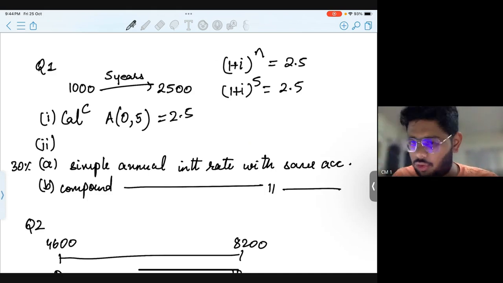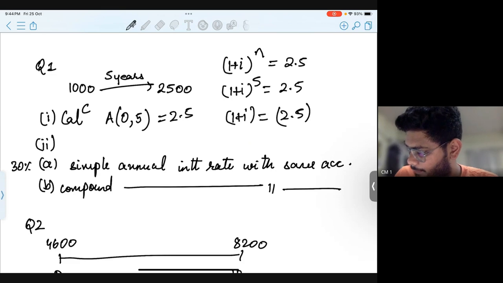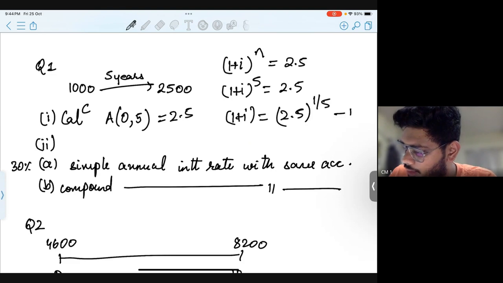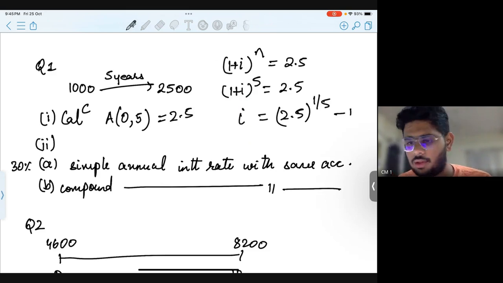So there are two ways to do this. These type of questions will come. Either you take the fifth root on both sides, which is 1 plus I is equal to 2.5 whole power 1 by 5, and then you do minus 1 here. So I is equal to this.